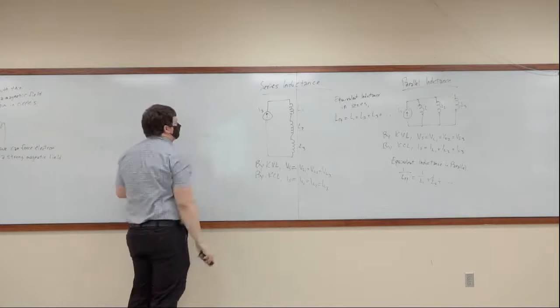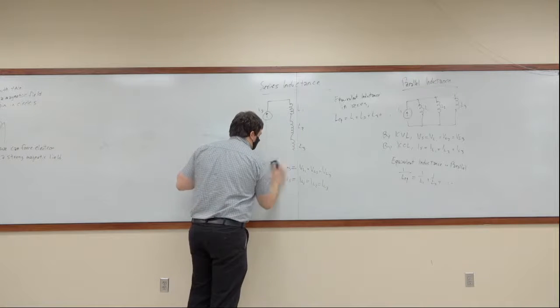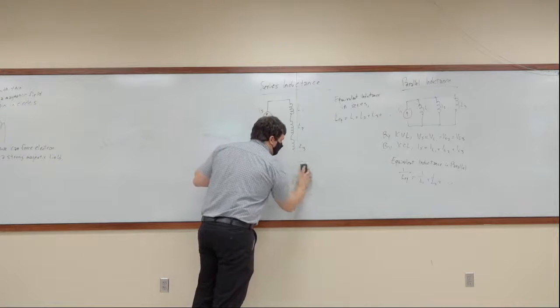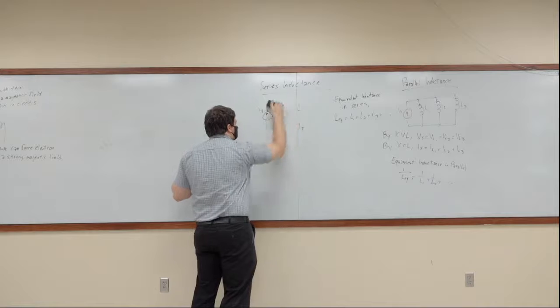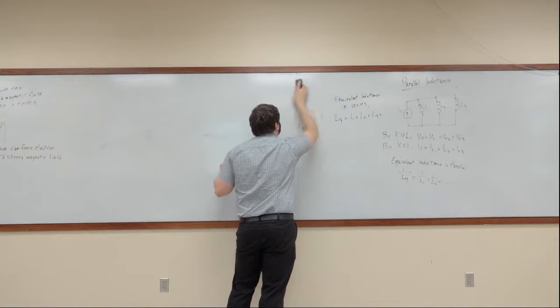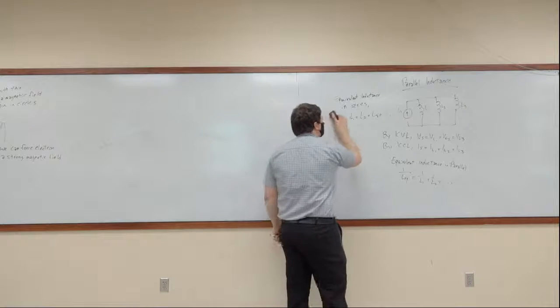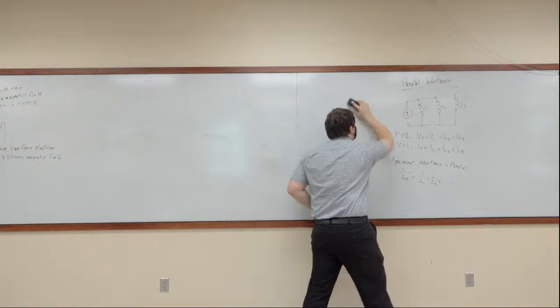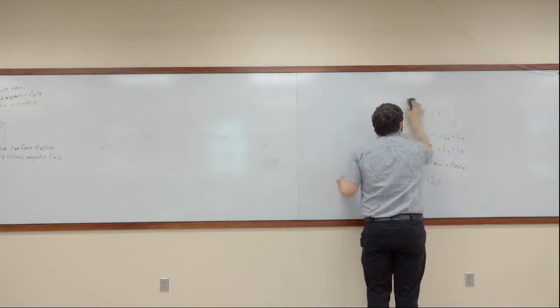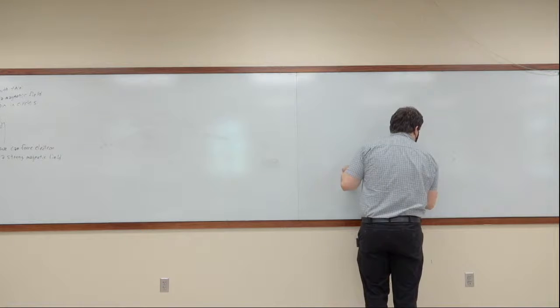The component equation, VL is equal to L dIL/dt, is going to come back to bite us next chapter. I've got a couple things to mention on that, but we're not really going to play around with that a whole lot right now.